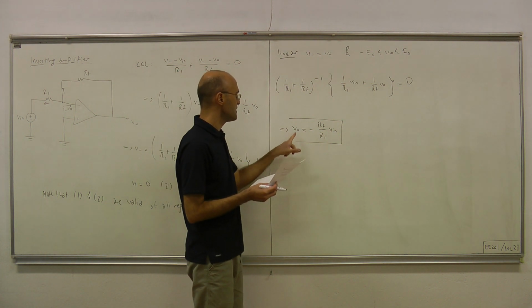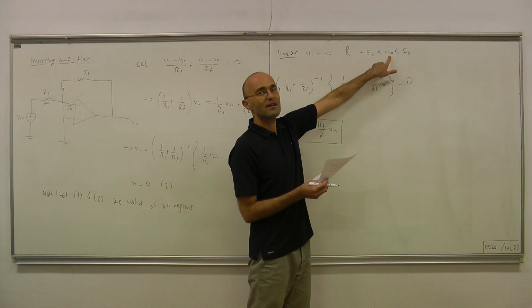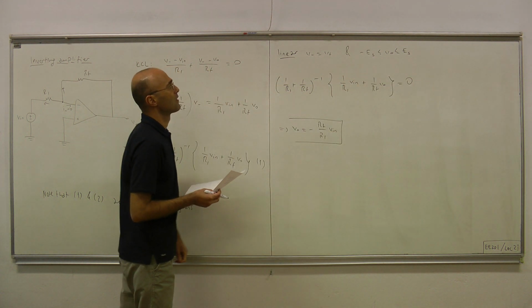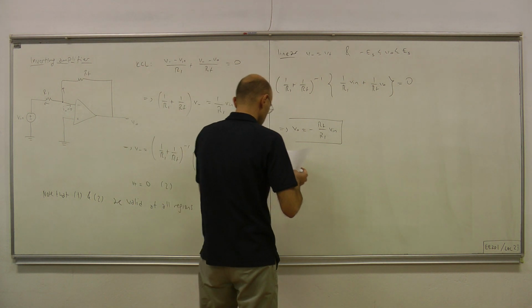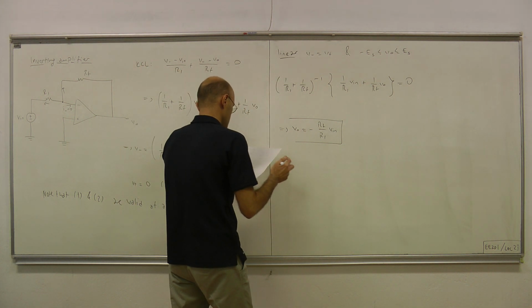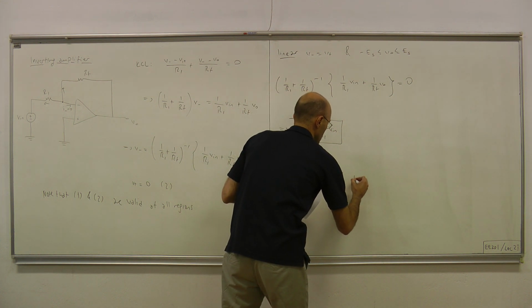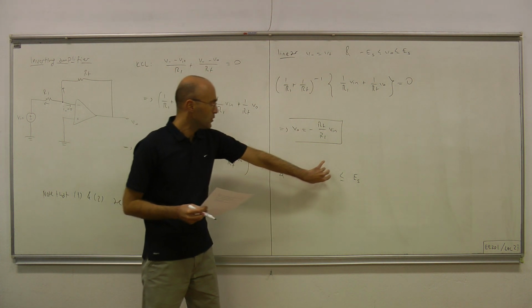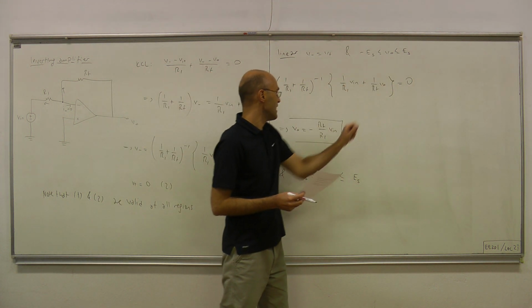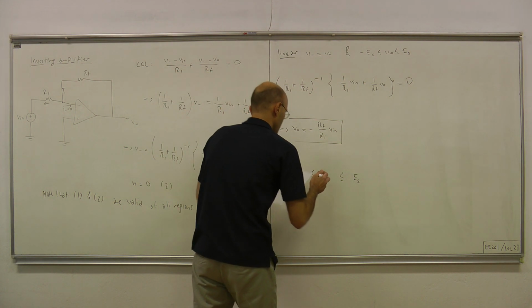For that, we take this V out in terms of V in and put it into that constraint inequality: minus ES less than or equal to V out, and that's less than or equal to ES. Here we're going to put in V out, which we know in terms of V in. So let's put that down.